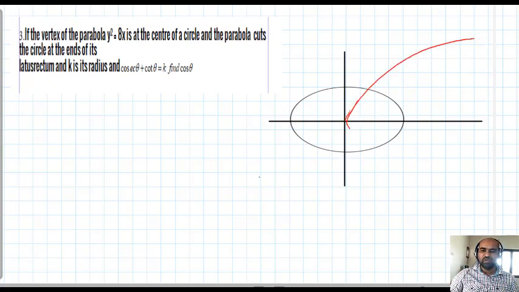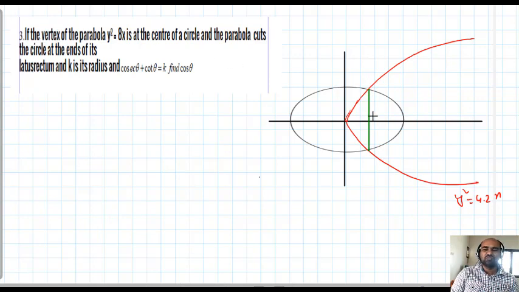This is the given parabola, that is y square equal to 4 into 2 into x. This is the latus rectum. Automatically the focus S equal to 2 comma 0, vertex 0 comma 0. The vertex of the parabola is at the center of the circle.